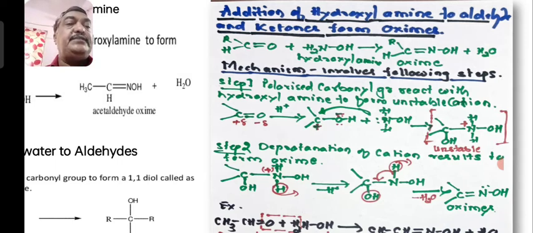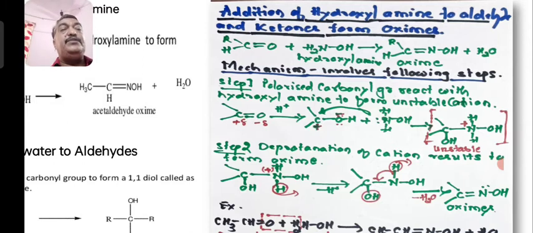Protonation takes place, making the OH with a lone pair of electrons, and carbon will become plus. Then it will be attacked by your hydroxylamine. In hydroxylamine, NH2OH, nitrogen has a lone pair of electrons. This lone pair shifts to the carbon, making an unstable anion. And this unstable anion loses a proton, as I have shown in the second step, whereby elimination of water takes place and there is formation of C double bond NOH. So this is the mechanism in connection with hydroxylamine.